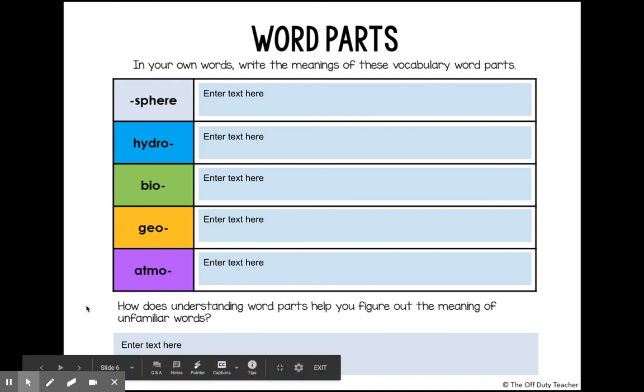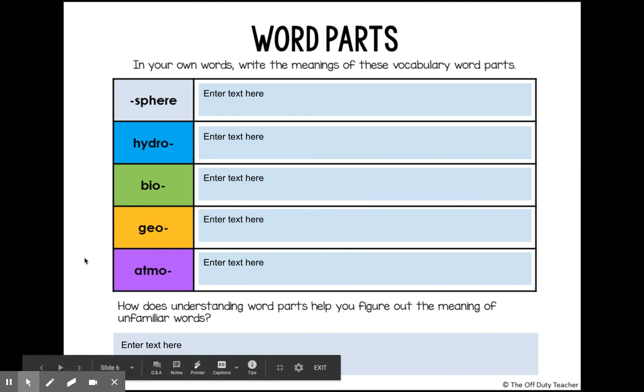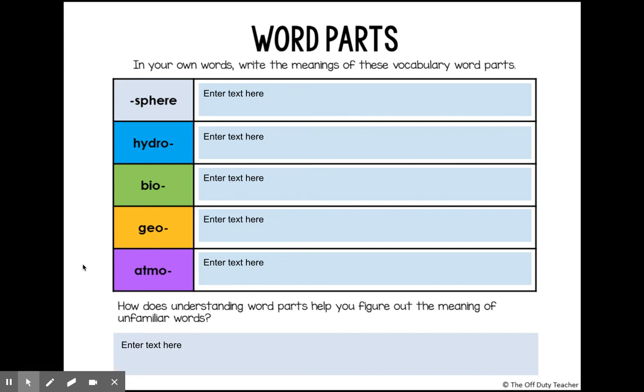Think about this question. How does understanding word parts help you to figure out the meaning of unfamiliar words? Think about other words that you might have seen with some of these word parts in them. How could knowing the meaning of these root words help you to figure out a different unfamiliar word like biology or biomass?